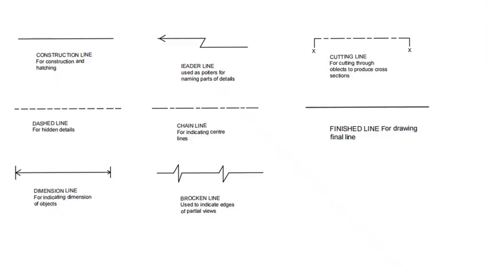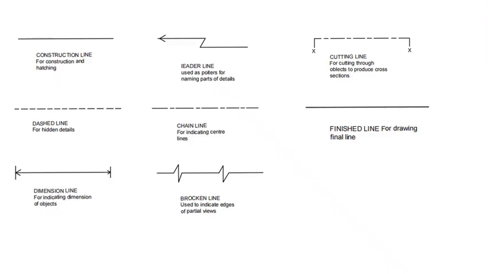Then we have a leader line for pointing to hidden details or details of an object, so that we are able to name various parts of an object. The cutting line is used for cross-section, cutting through a building, cutting through an object, so that we are able to see the inside part of that object.